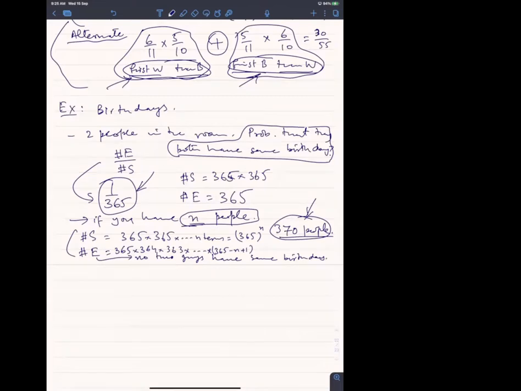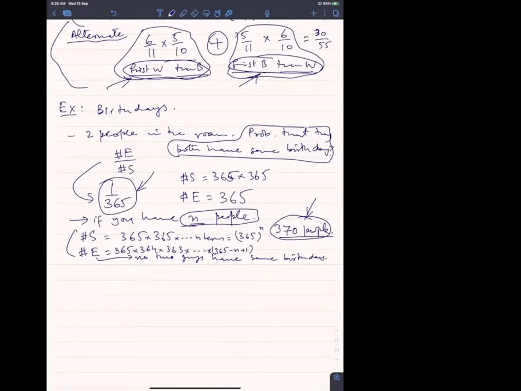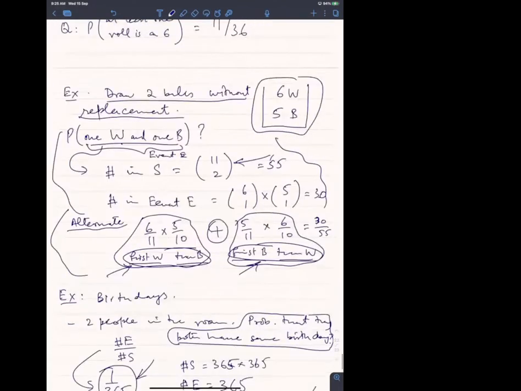Okay. Usama, going back to the balls example, the white and black ones, there you talked about without replacement.